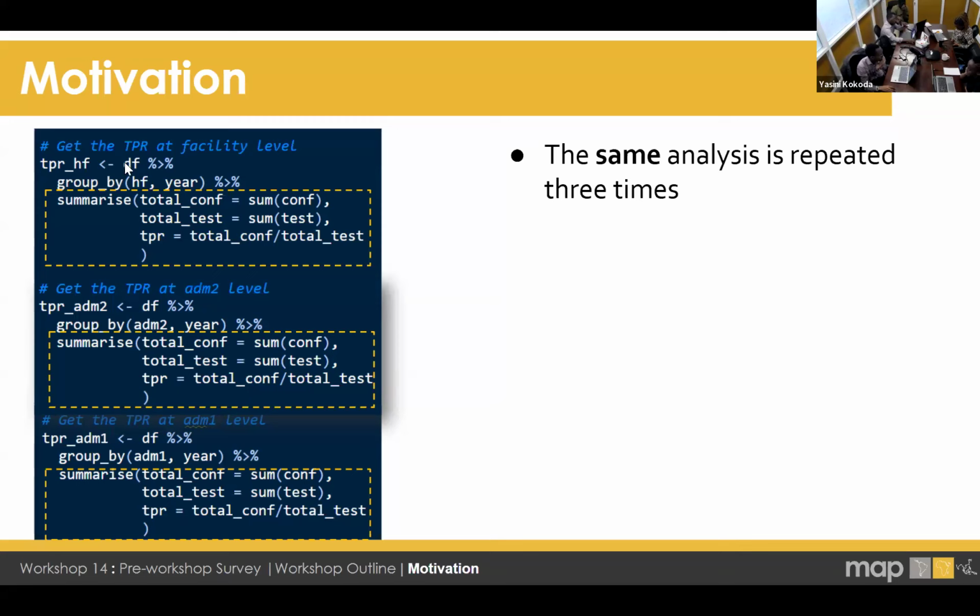So here we have shown how tedious is repetition of this block of code. So you are supposed to write a function which takes what is varying. In this case, you have admin 1, admin 2, you have HF. So it's what is expected to be a parameter.